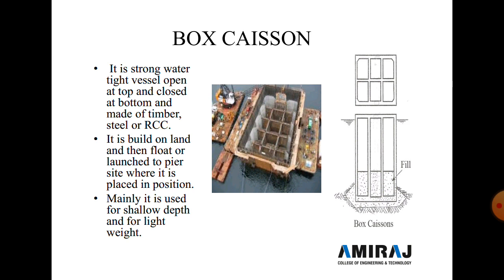Such box caissons are used in places where strata of sufficient bearing capacity is available near the ground. In normal practice, the soft natural bottom soil of a riverbed is dragged out to some depth, and the trench thus formed is filled with sand to have a leveled base.